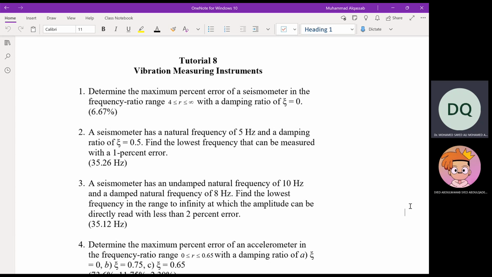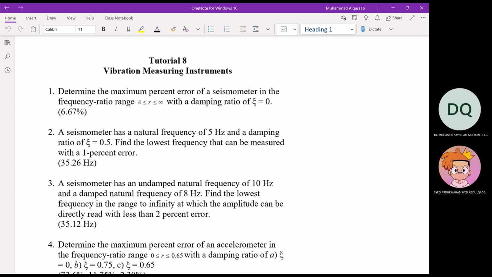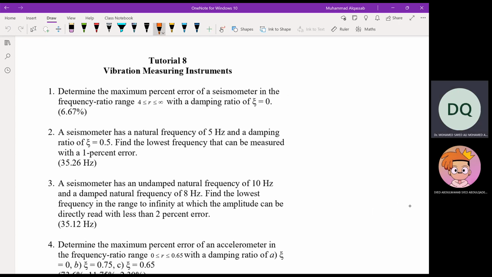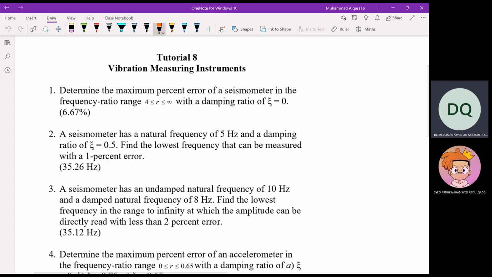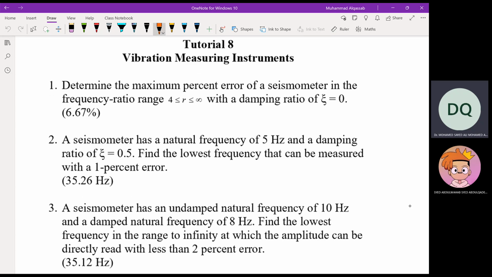The error factor of a seismometer is Z over Y. Okay, so the maximum error will occur at resonance because we'll have here the error factor going to infinity, but the frequency ratio given in this problem is from 4 to infinity.